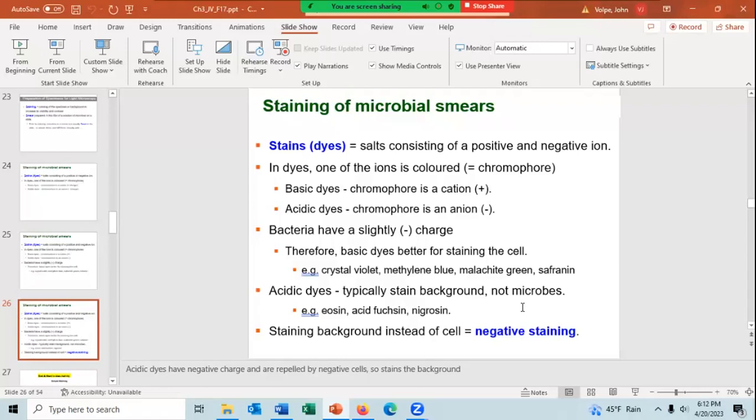Some examples of an acidic dye are eosin, nigrosin, and acid fuchsin. When we stain the background instead of the cell, it's called negative staining. So whenever we use an acidic dye, we usually call it a negative stain, as well as an acidic dye.